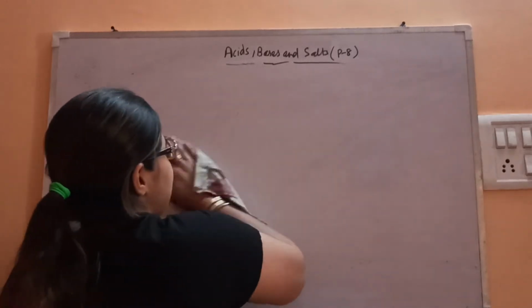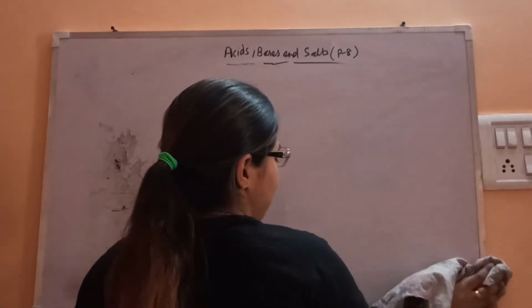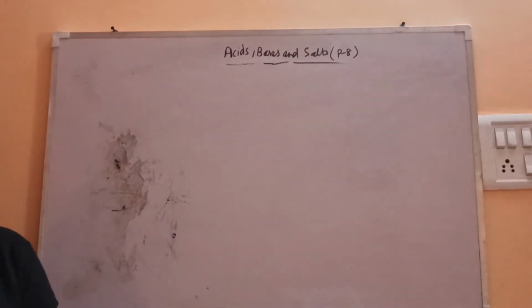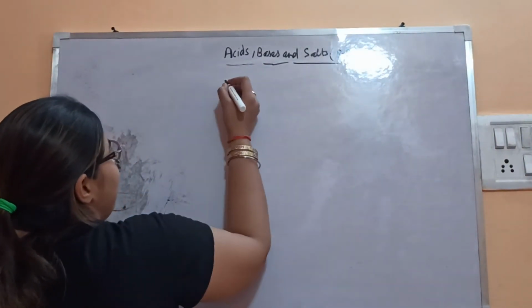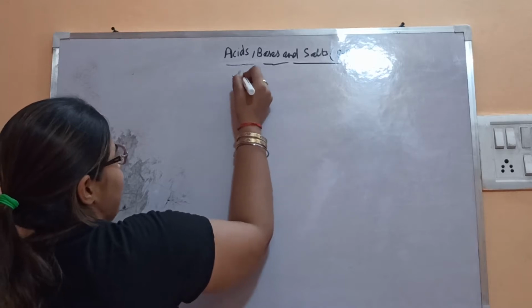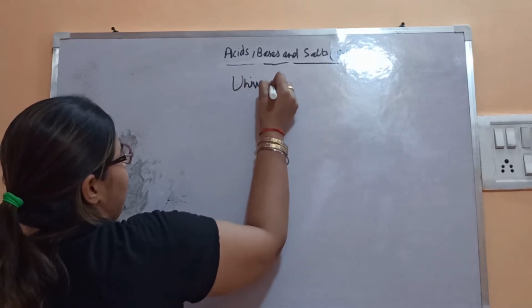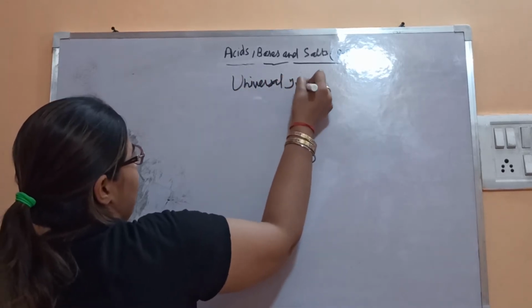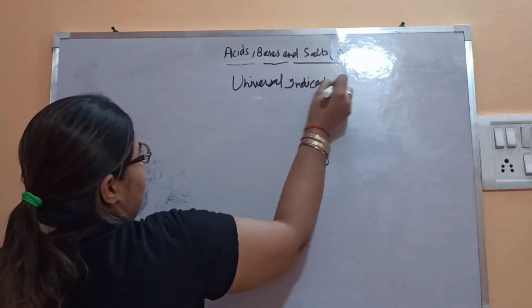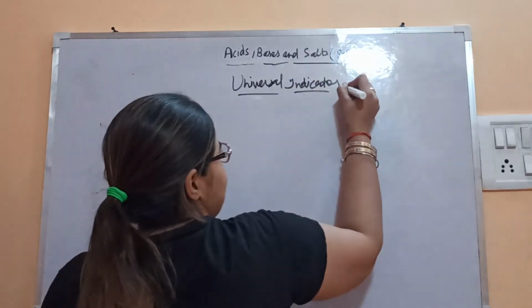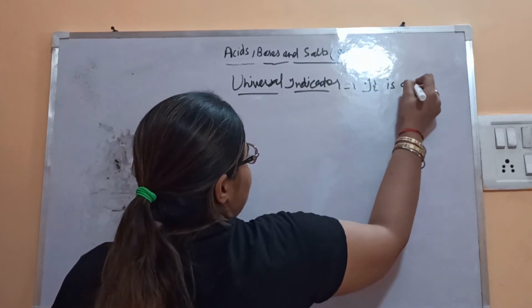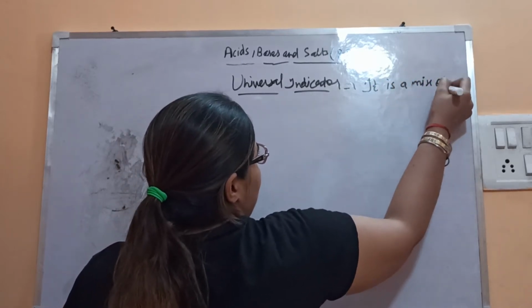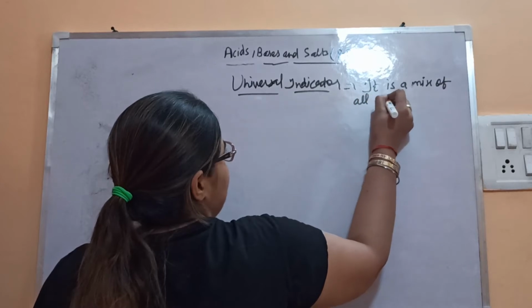With the help of that we can determine the acidic or basic nature of the substance. Universal indicator. As the name says, universal, it's a mixture of all indicators.